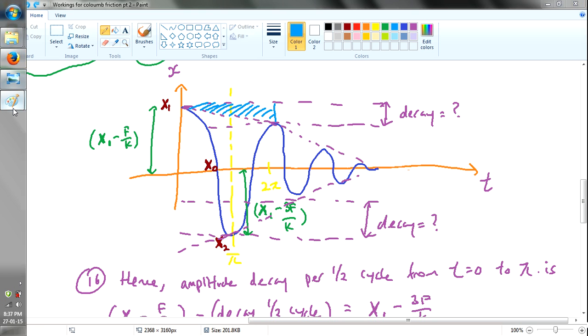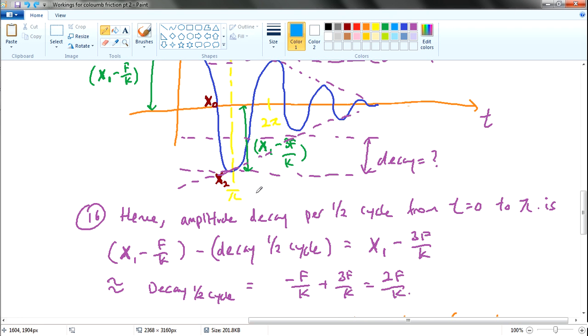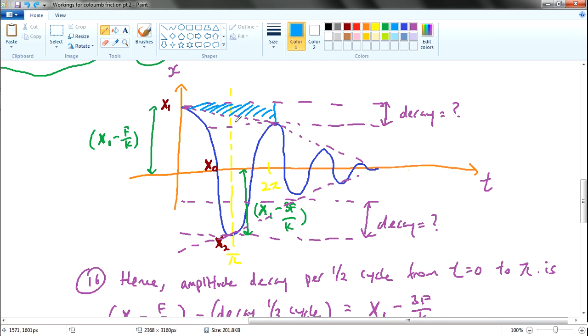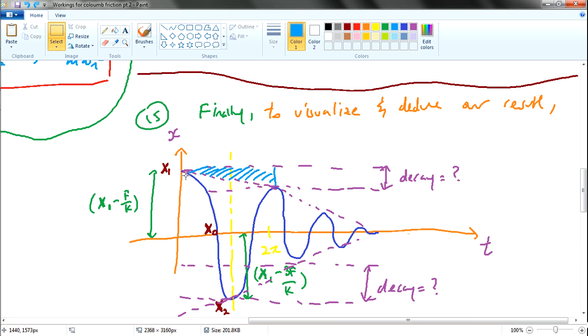Perhaps I am kind of stupid. Anyway, for this portion over here, the decay is actually this thing, and for the bottom one, because we have to find one cycle, it's not one cycle, it's half cycle already, right? It's a little tricky.